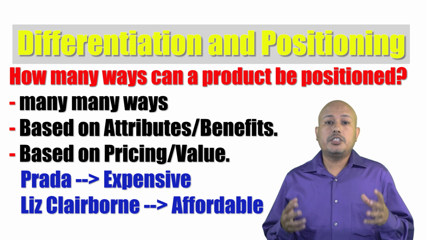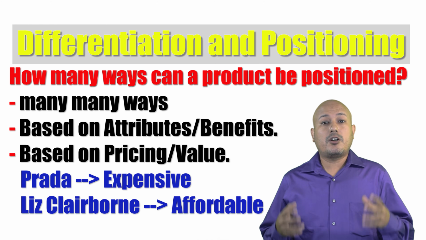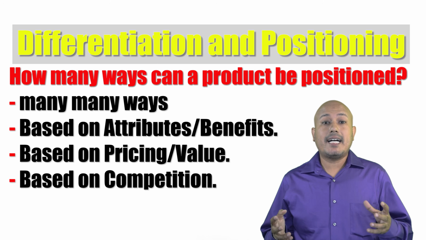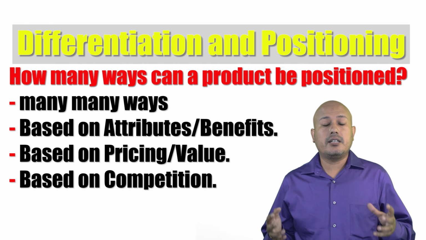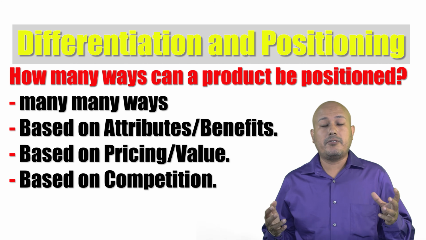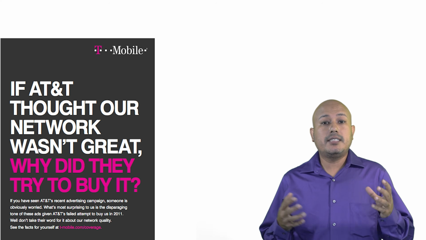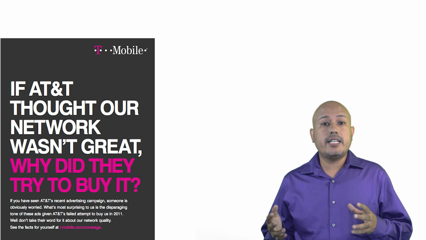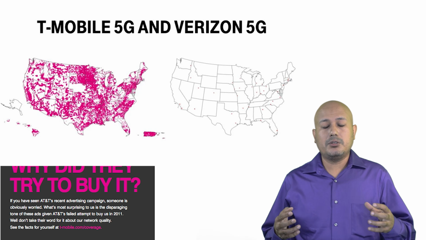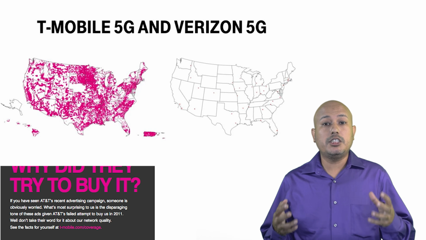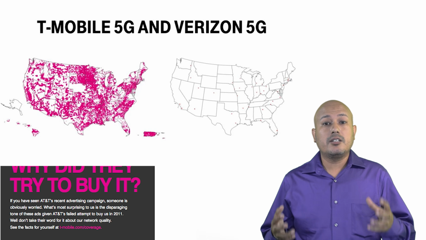Now, another way to position your product is based upon your competitors. Some companies may decide to position their brand directly against the competitors. If you've seen a lot of T-Mobile advertisements, you will see that they generally compare themselves against AT&T or Verizon. This is an attempt by T-Mobile to position themselves directly against their competitors.